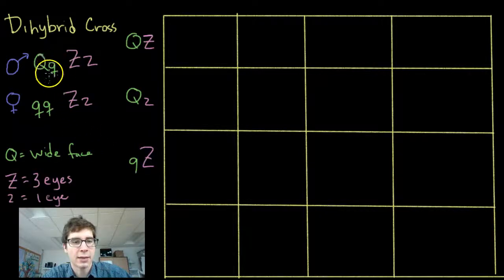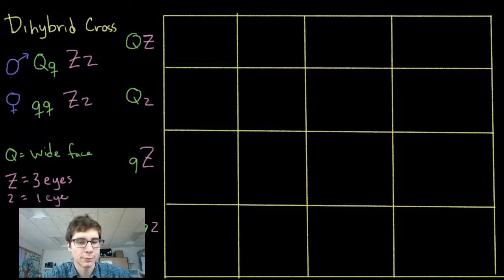And lastly, a lowercase q and a lowercase z. So dad could give us each one of these different possible allele outcomes. He could give us two capitals, both of the dominant alleles, then two different heterozygous combinations, and then the two recessive alleles. We could get any one of these combinations from dad, depending on what his gamete was.